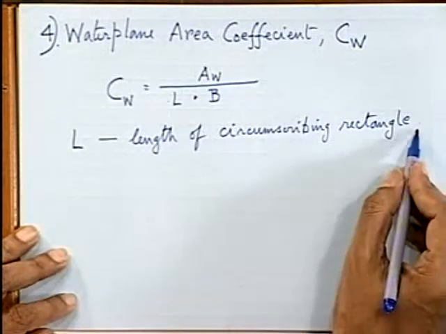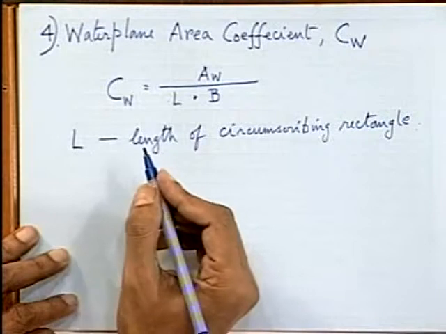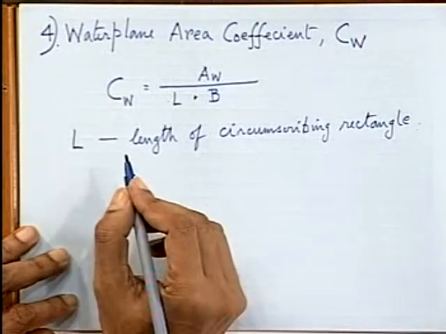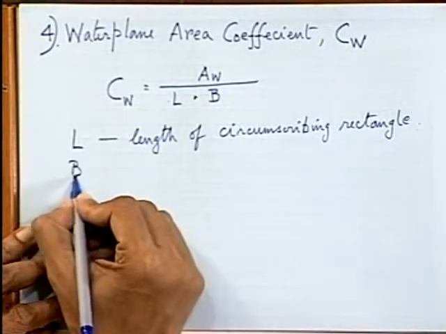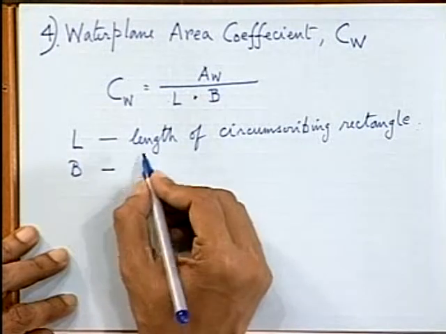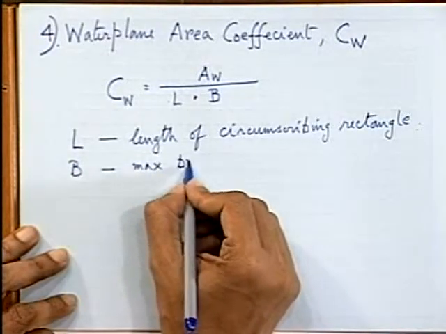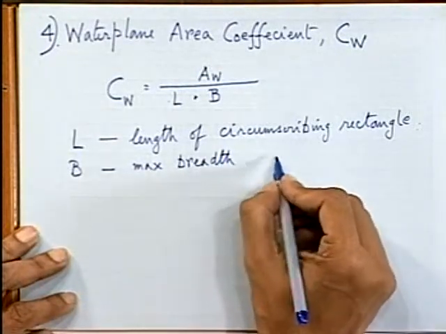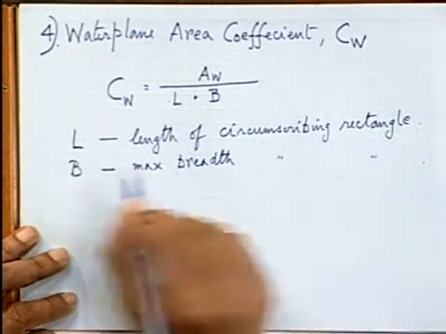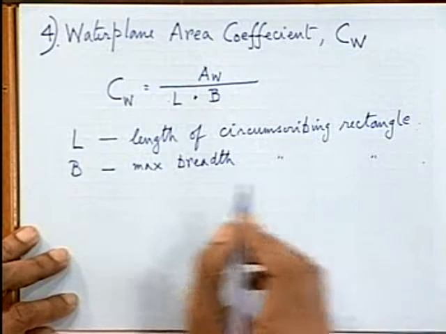Length of circumscribing rectangle, and B is of course the maximum breadth on this circumscribing rectangle.